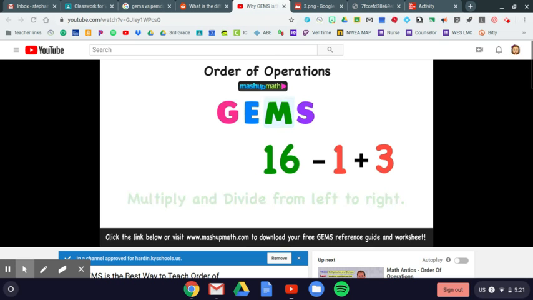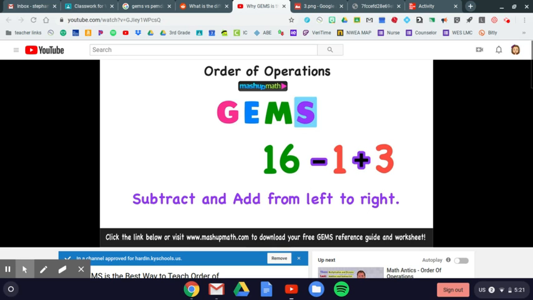And then I go on to the S for subtraction and addition from left to right. The first symbol is the subtraction symbol, the minus sign. 16 minus 1 is 15. It's going to replace it. And 15 plus 3 is 18. It's going to replace with the answer.